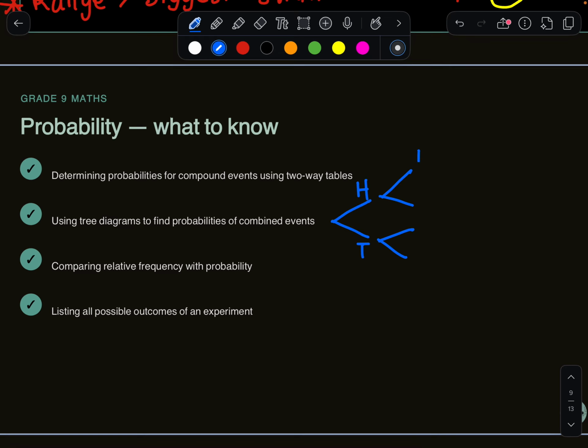And then if I throw another coin, I could get heads or I could get tails. Comparing relative frequency and then listing all the possible outcomes of an experiment. So for example, if I threw a die, I could get a 1, I could get a 2, I could get a 3, a 4, a 5, or a 6.